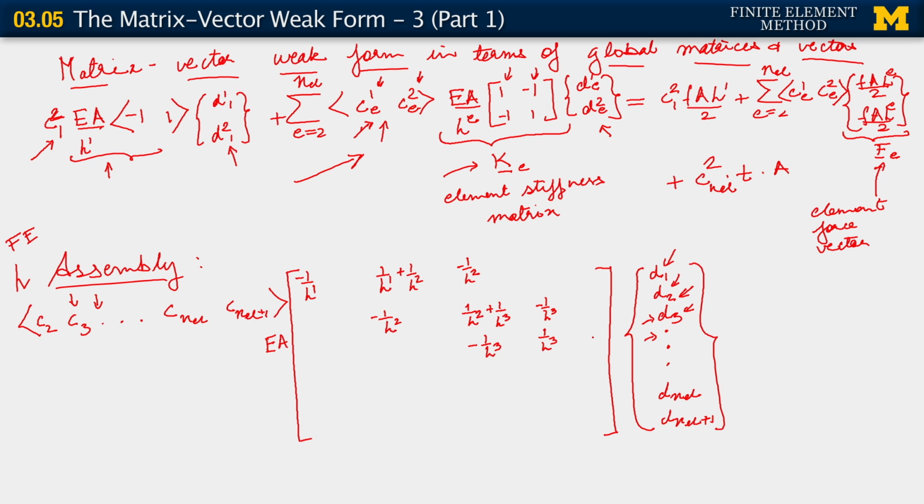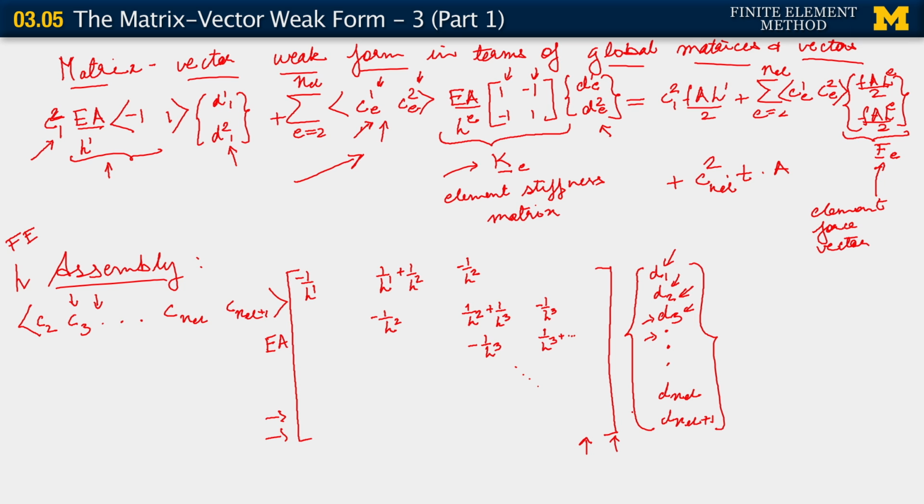Okay. This process continues all the way down until we come to the very last element. The very last element and the last but one element are the ones that will contribute to the last 2 rows and the last 2 columns of this matrix.